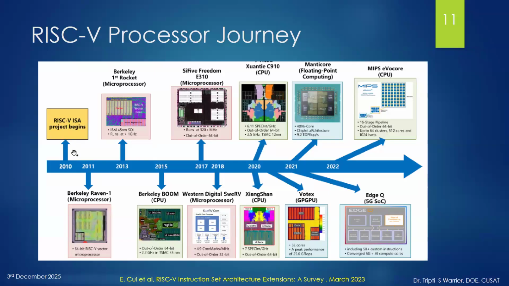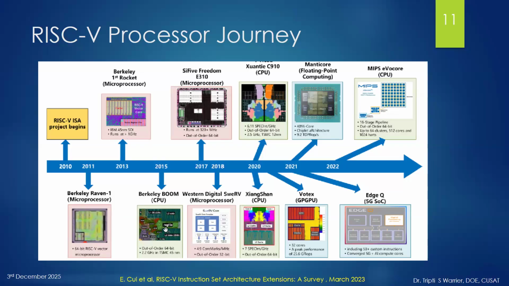The RISC-V project started in 2010. Berkeley came up with a 64-bit RISC-V vector processor. So we have Berkeley's Rocket, which is in 45 nanometer. Then there is out of order. So this is vector.